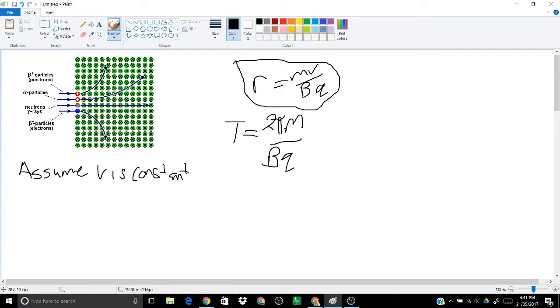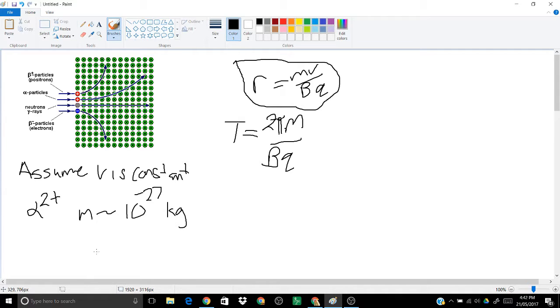Now, the other key difference is the path that these two trace out, the beta plus and the alpha. Let's talk about the alpha particle in relation to the beta particle. The alpha particle has double the charge, so you think that if that alone was the only feature in this formula at the top, it would have a smaller radius. But its mass is of the order of 10 to the minus 27, it's nearly 26 kilograms.